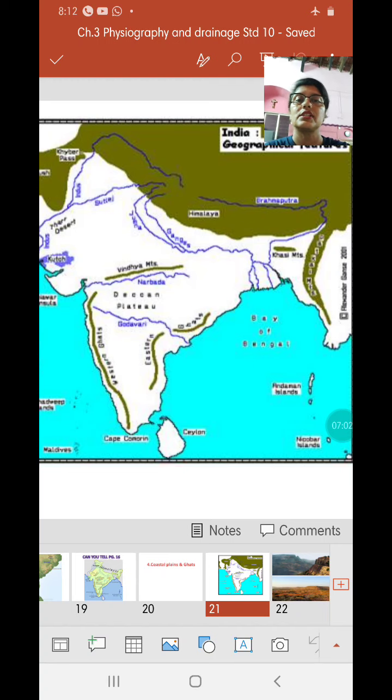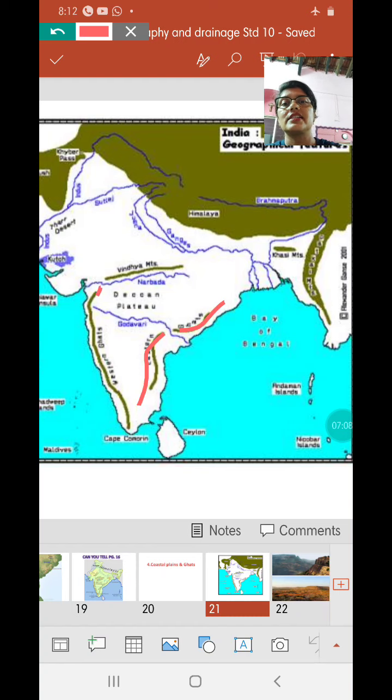Now what you notice is that the Eastern Ghats are broken hill ranges, while the Western Ghats are more or less continuous. Not to say there are no gaps, there are gaps in between. For example, Palghat Gap, or Palghat Pass, and you can surf the net to find out more about the gaps in these Western Ghats. But compared to Eastern Ghats, Western Ghats are more continuous.